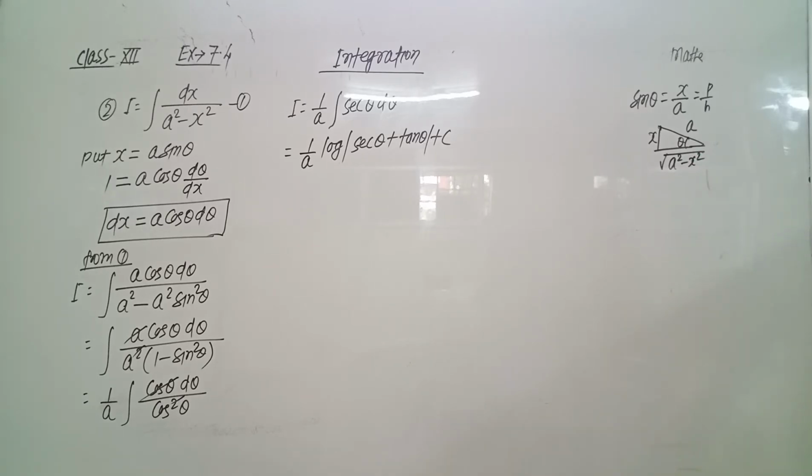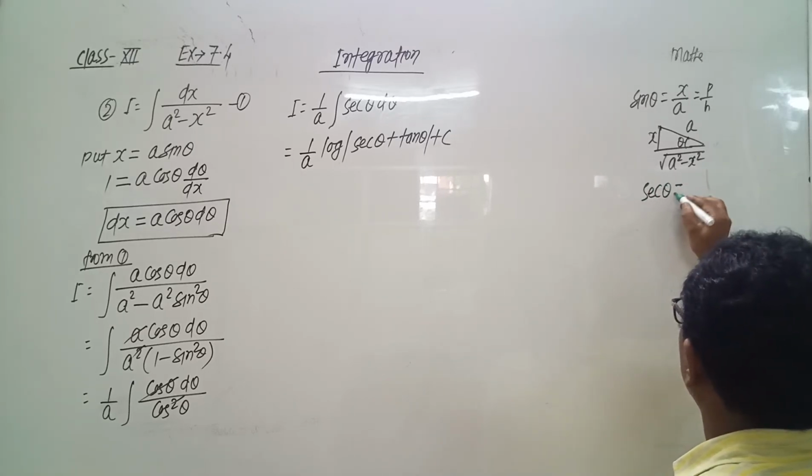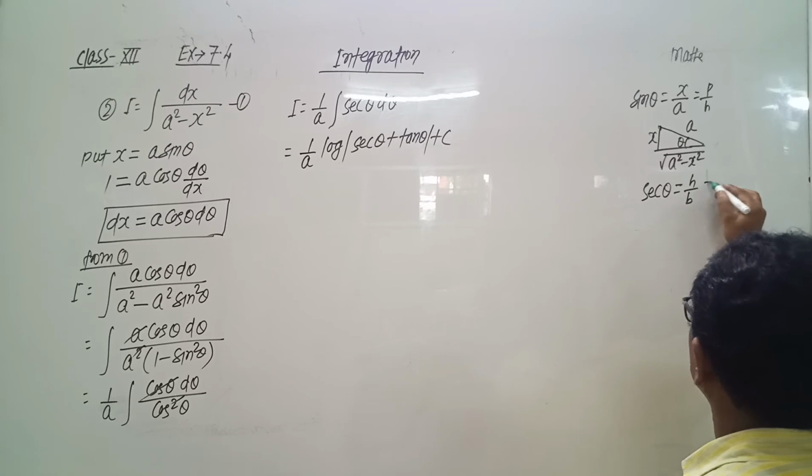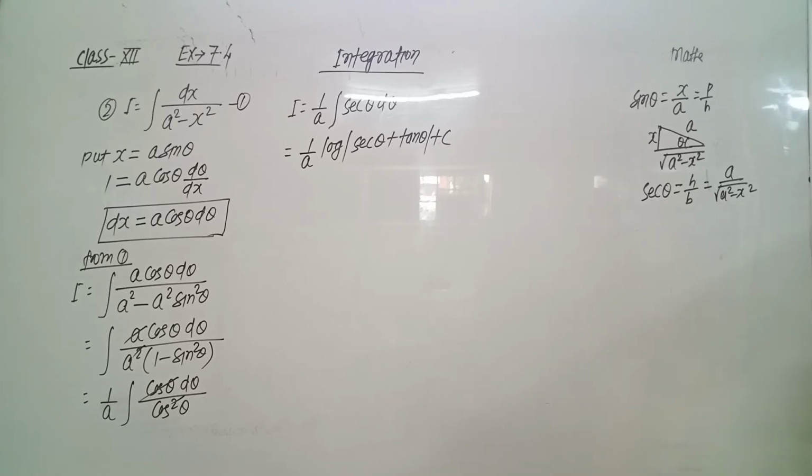Then we find the value of sec theta, which is hypotenuse upon base, so hypotenuse is a and base is root over a square minus x square.